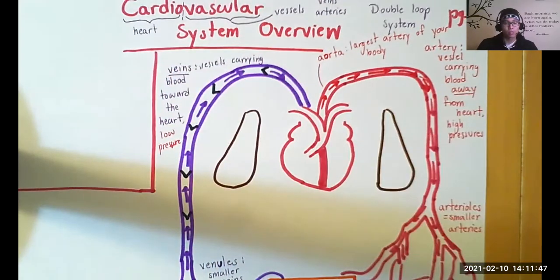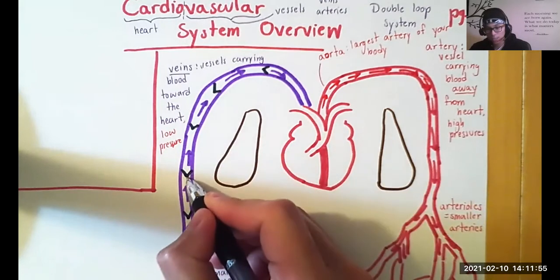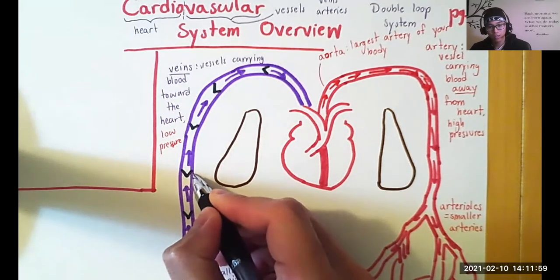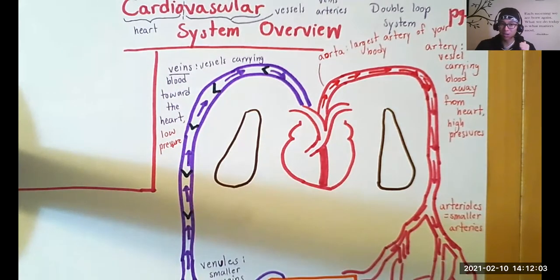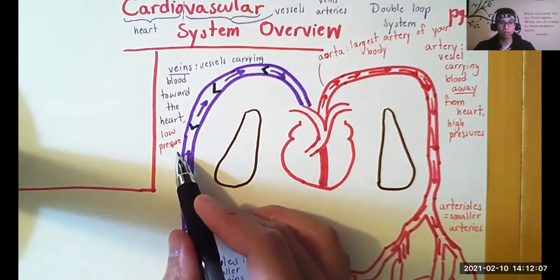So what, Mr. Din? It explains why the veins have these stops here. Because the low pressure blood has a tendency to go backwards. Think about a bowling ball.